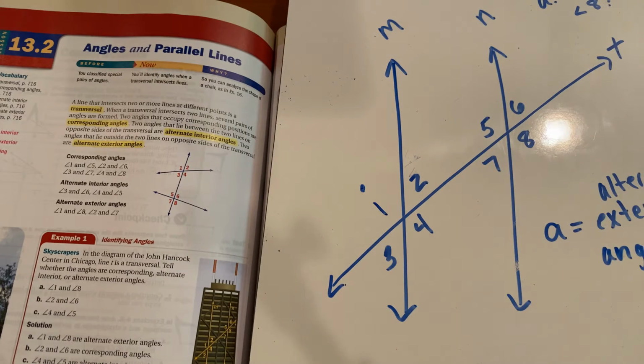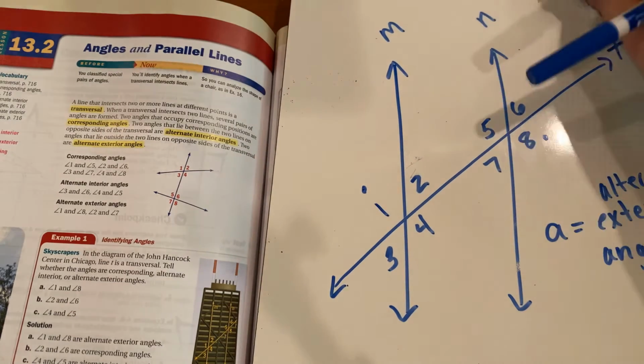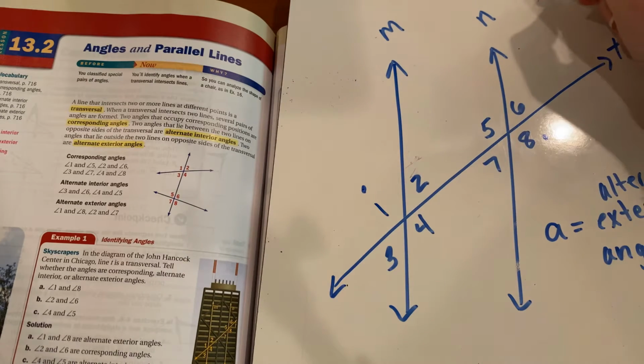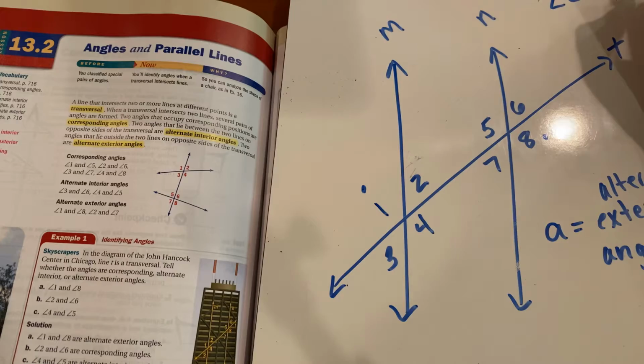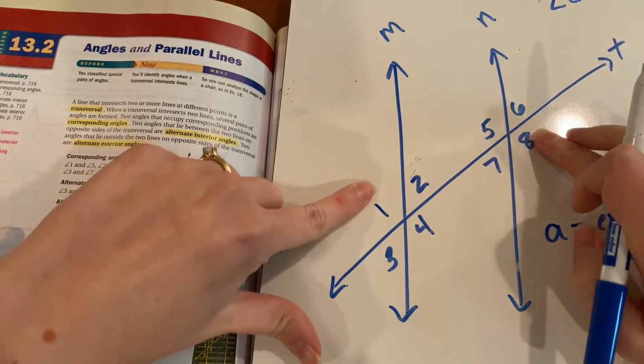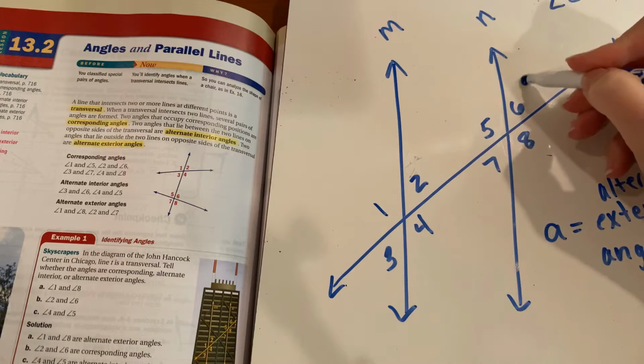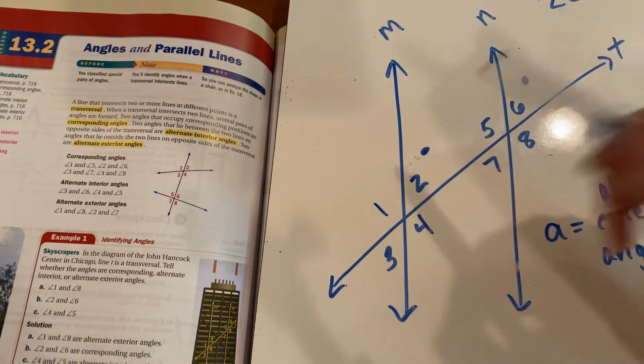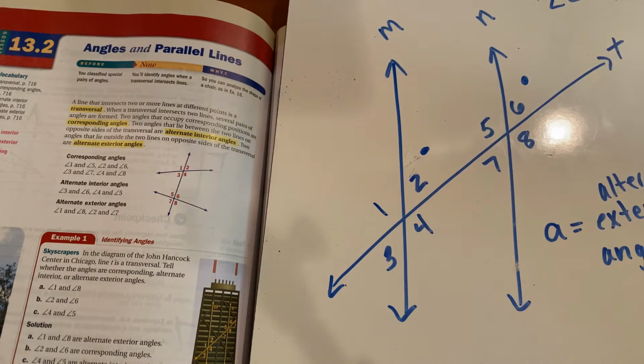For B, they ask us about angle 2 and angle 6. So let's identify them. They're right here, angle 2 and angle 6. First thing to notice, they're in corresponding positions.